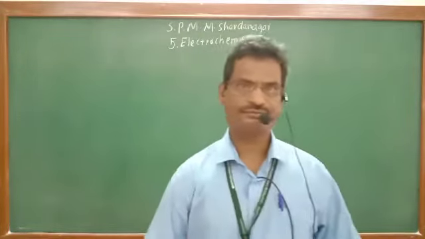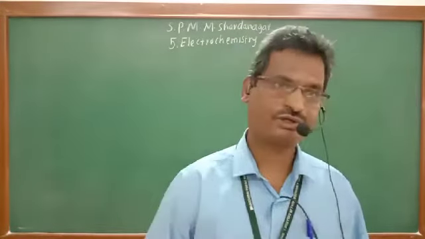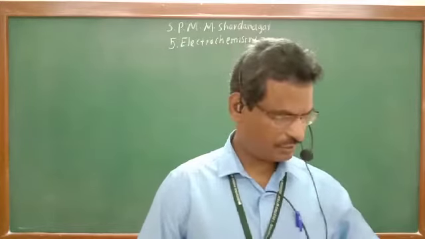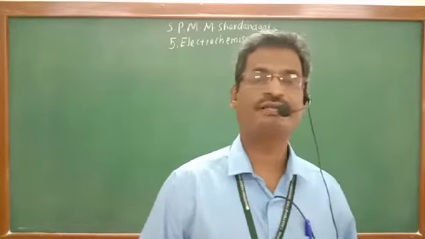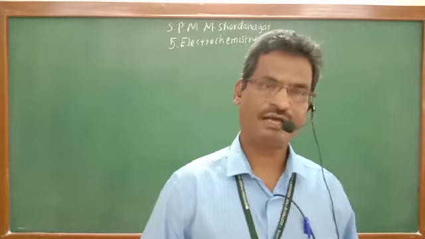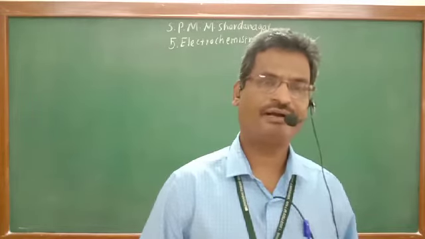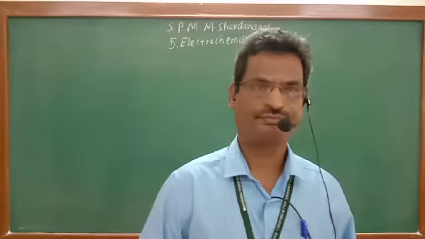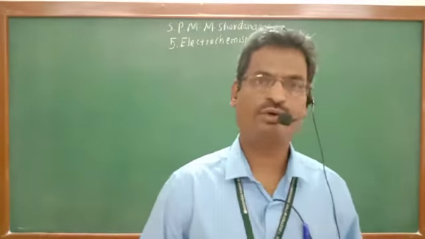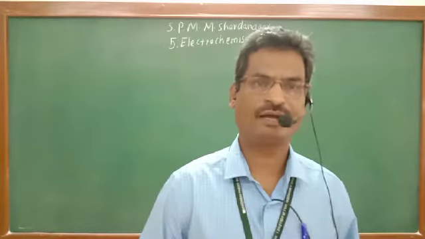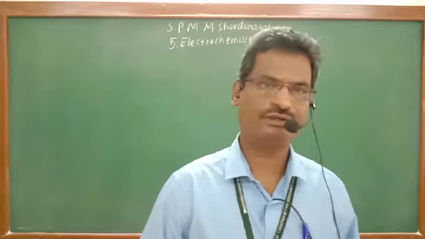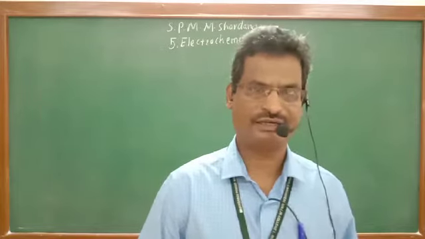In the last lecture, we have seen Kohlrausch's law of independent migration of the ions. According to that law, at infinite dilution, ions will move independent of each other and give their own contribution towards total molar conductivity of an electrolyte irrespective of the ion with which they are associated.